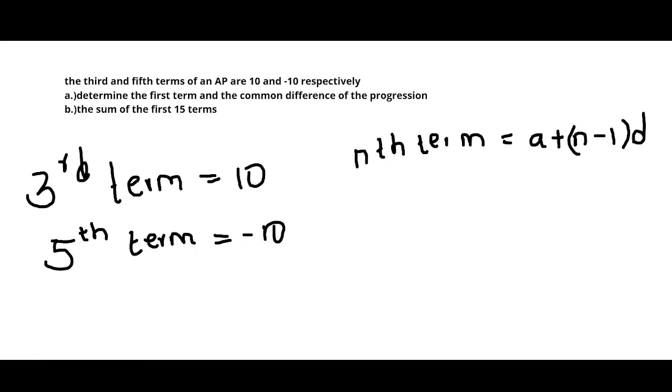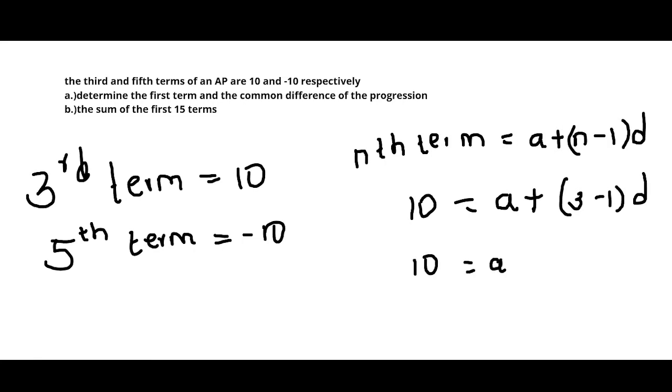Here we have been told that the third term equals 10. So 10 equals a, which we don't know, plus n, which is 3 minus 1, and the common difference we also don't know. So it will be 10 equals a plus 2d. Let's try for the fifth term, whereby we know that the nth term equals a plus n minus 1 d.